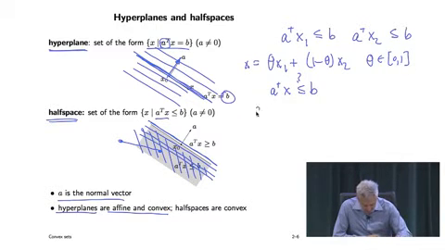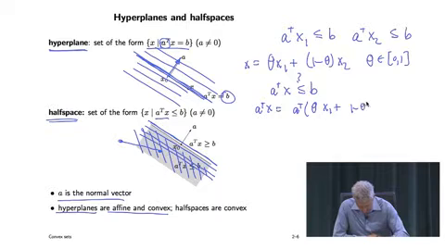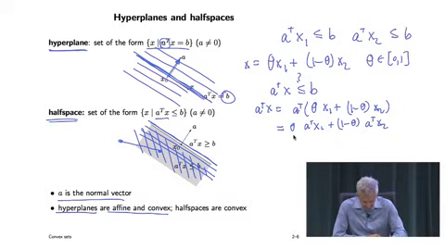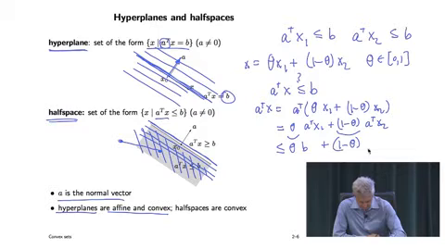Well, a transpose x is nothing but a transpose of theta x1 plus (1 minus theta) x2. And sure enough, this is theta times a transpose x1 plus (1 minus theta) times a transpose x2. Now theta and 1 minus theta are non-negative, so that's less than or equal to theta b plus (1 minus theta) times b.